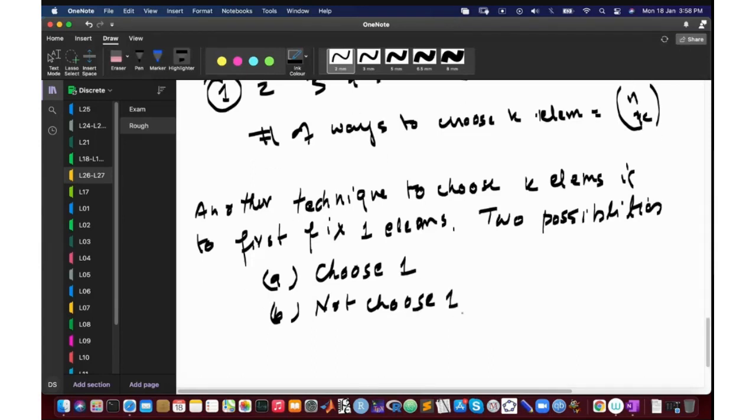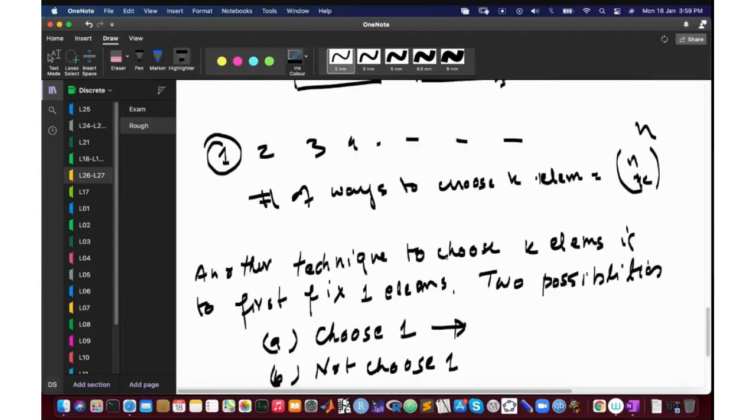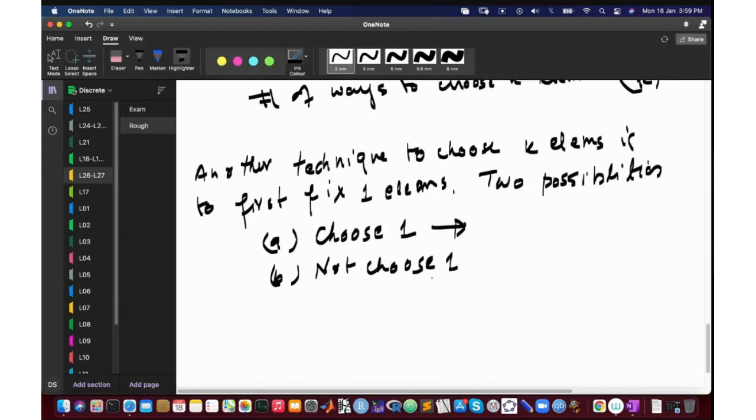Okay, if you choose 1, then the number of ways to choose k elements is, k ये आपने pick कर लिया है. Okay, अब remaining elements में से you have to pick how many? K minus 1. Okay, so if you choose 1, this is the number of ways you can choose the rest of the elements.